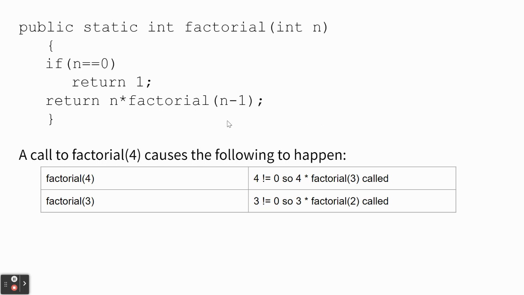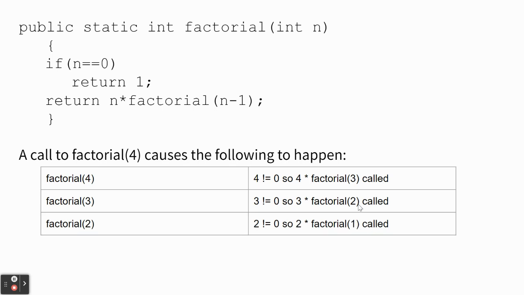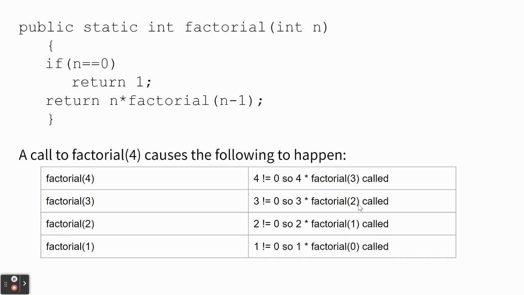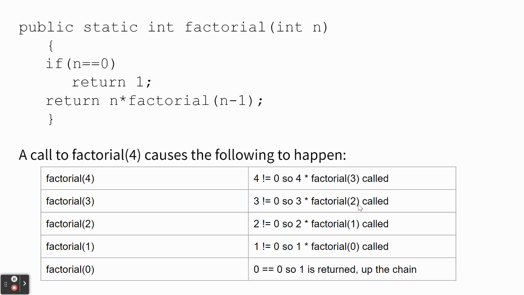And when we do factorial 3, 3 is not 0, so that one calls 3 times factorial 2. And 2 is not 0, so it calls it again with 1. 1's not 0, so it calls it again with 0.